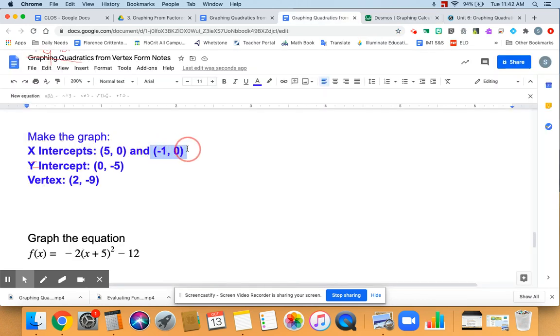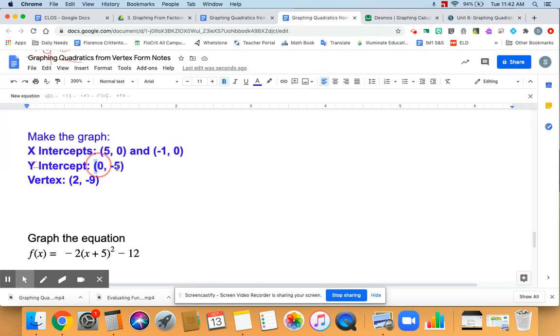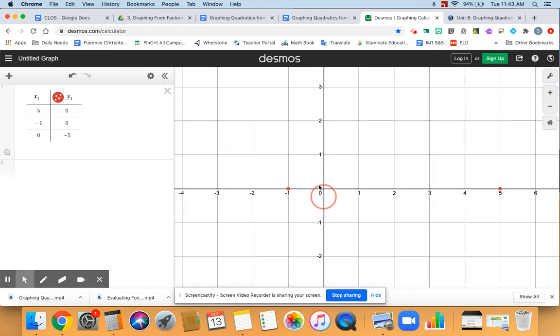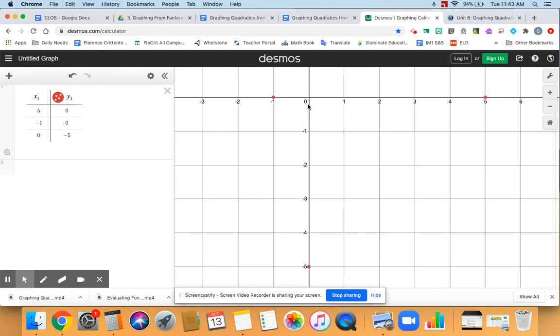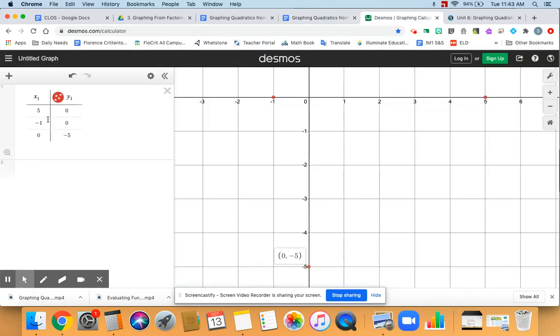I also have the point (-1, 0), so the point shows up right here because it went backwards 1, but not up or down. Next is (0, -5), which ends up down here because I'm not going left or right, but I am going down 5. And then my vertex is at (2, -9).